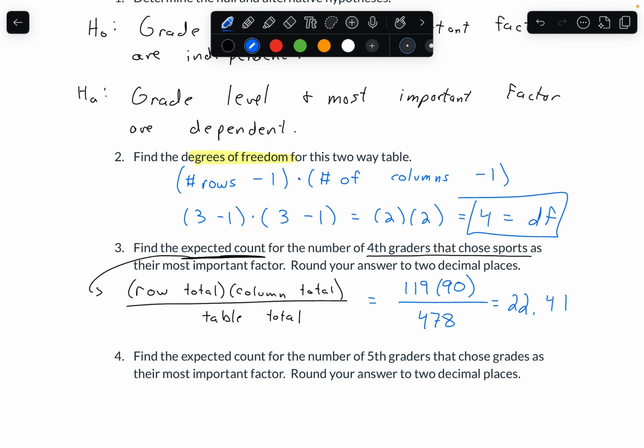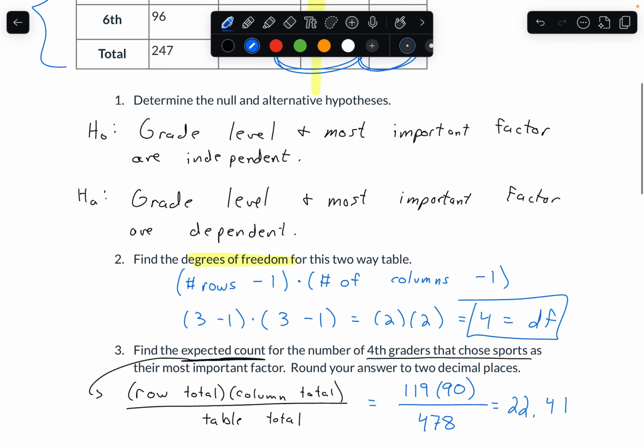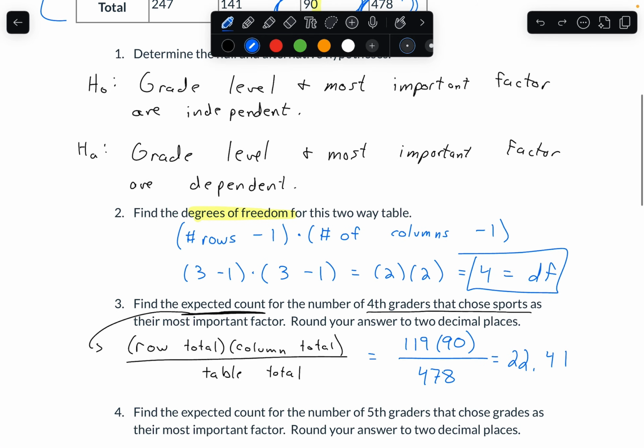This is the amount that we would expect to see if this null hypothesis is true. If my 2 variables are in fact independent, I would expect to see 22.41 4th graders that said sports were their most important factor. Now, obviously, I can't have 0.41 of a person.